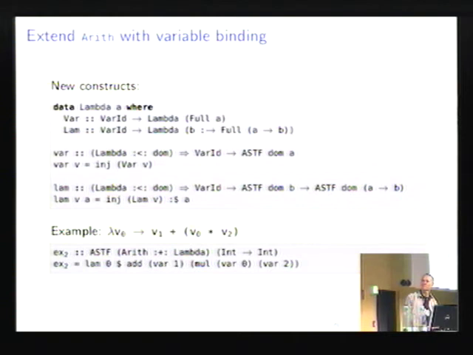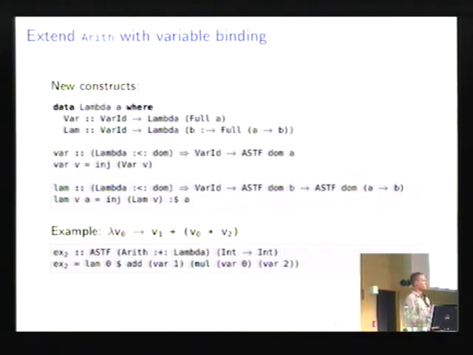A top-level lambda and an arithmetic expression involving some variables. And this is how it looks. We have the lambda, and we have addition of variables, and so on. And the type here now says that the language is Arith plus Lambda, so arithmetic expressions with variable binding.